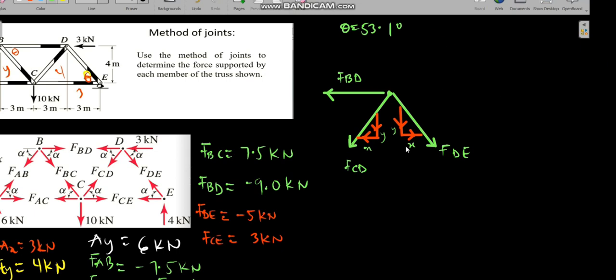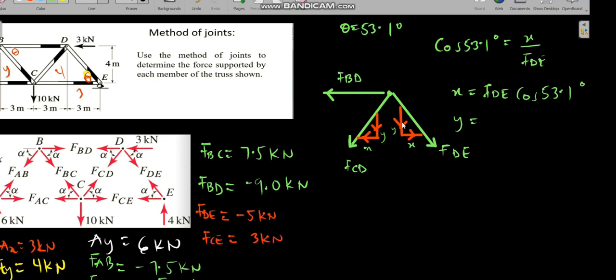The x component, which is adjacent, is cosine of 53.1 degrees, so the x component will be FDE cosine 53.1 degrees. The y component will be negative FDE sine 53.1 degrees, because it's going in the direction opposite to the positive y axis. So that's the x and y components for FDE.